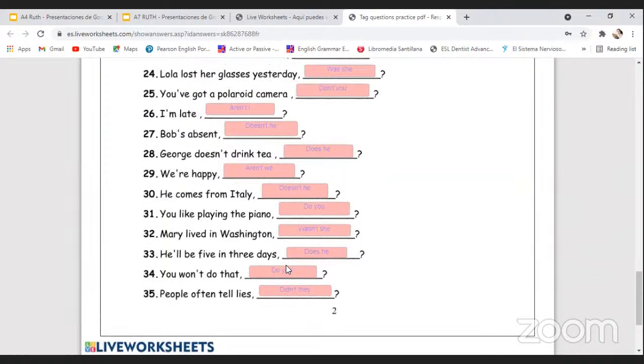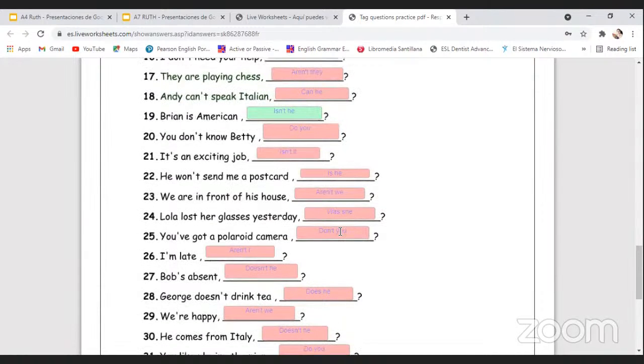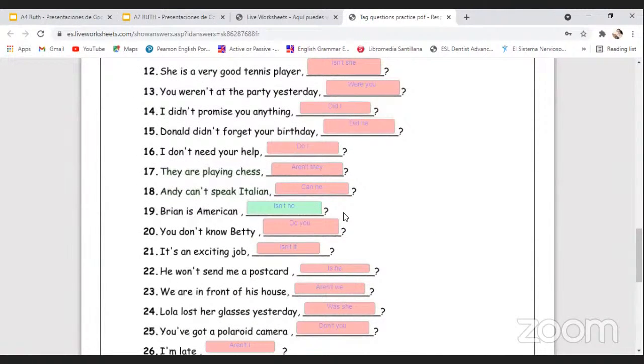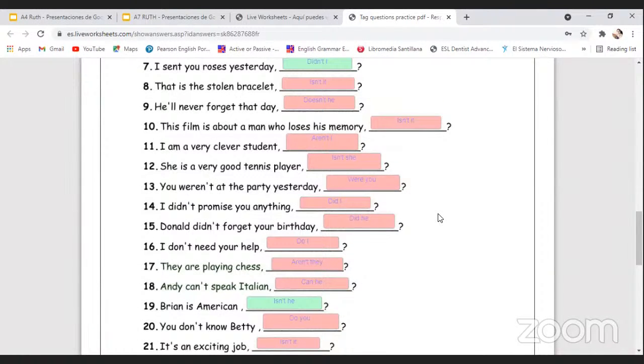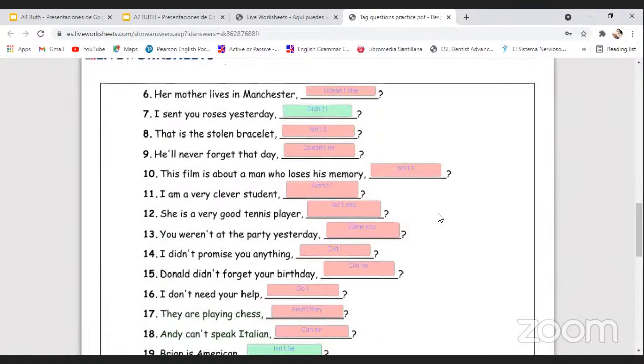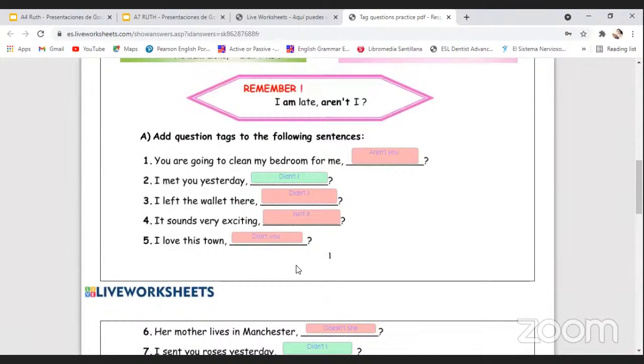All right, so here you have 1, 2, let's see, where is the other one? 3, 4, 5, and here, 5, and let's see, where are the other ones? 5, and here, 6.